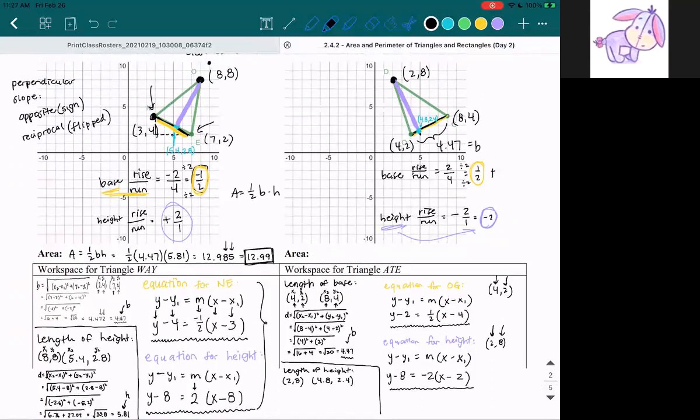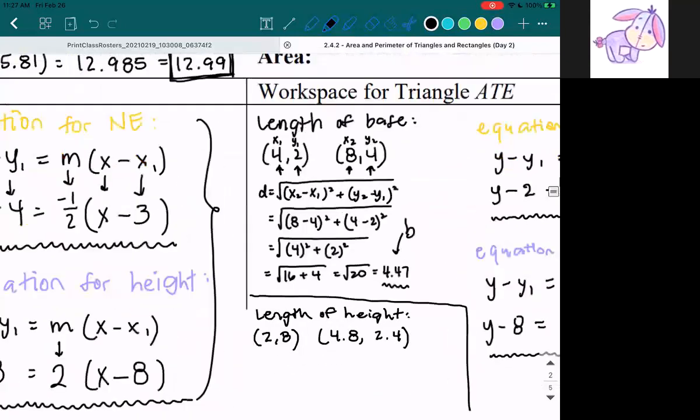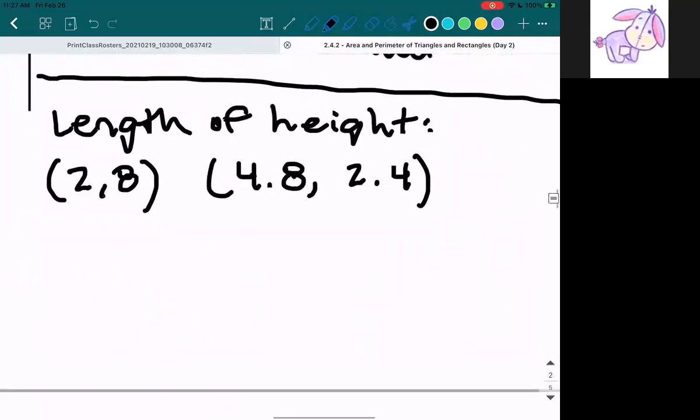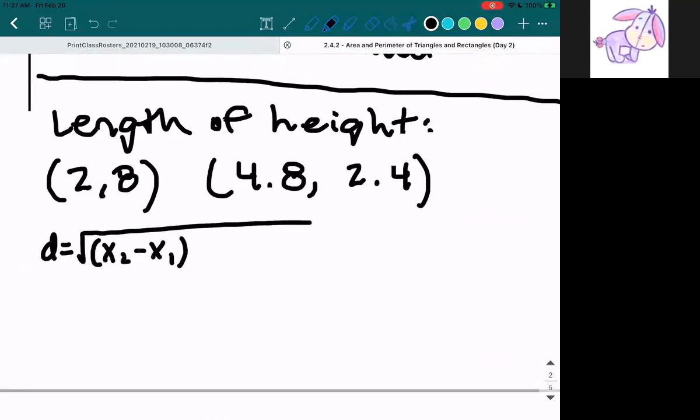Okay, so I wrote down those two points. I'm going to zoom in here so we actually have space. Write out the distance formula. This is your x1, your y1, your x2, and your y2.